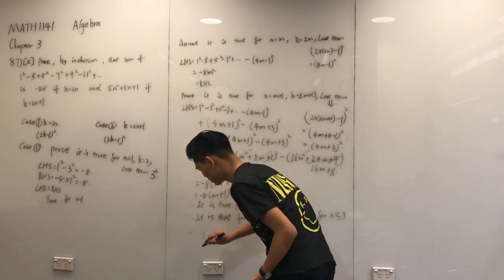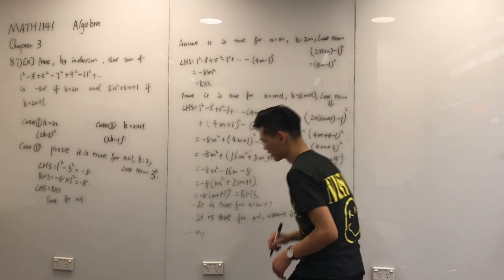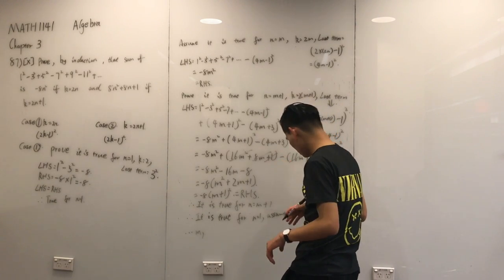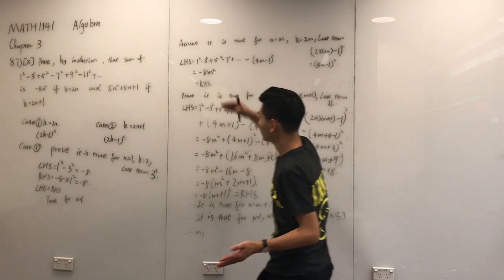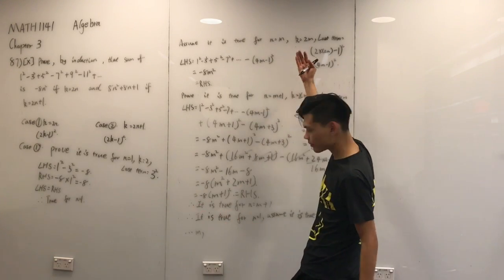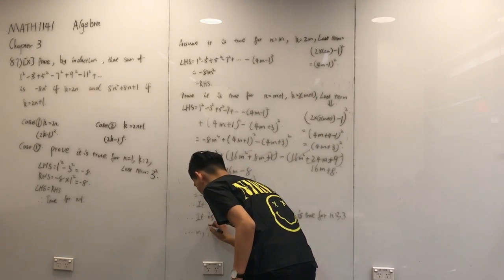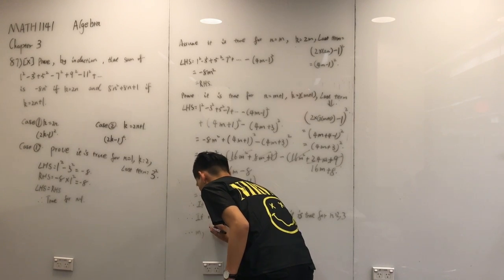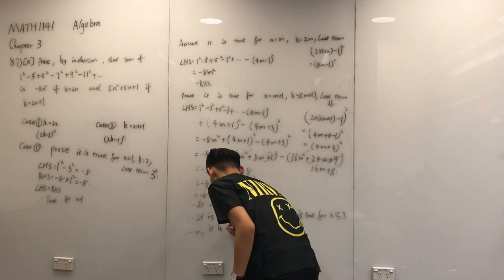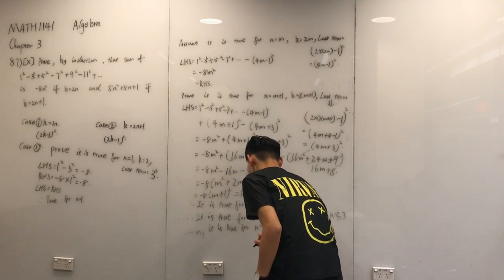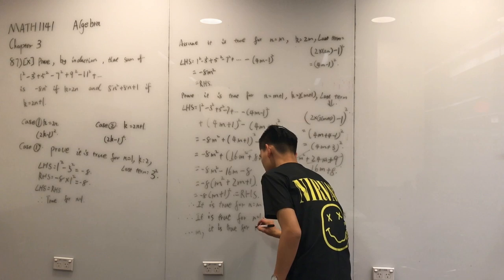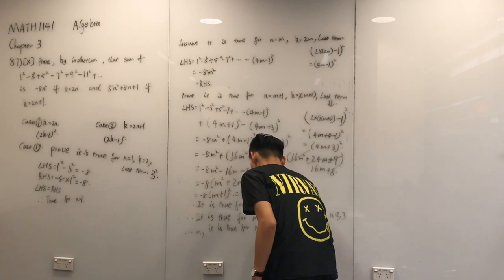Sorry, I just like to write k. So we assume it's true for n equals 2, n equals 3, n equals 4, and until n equals m, and we proved it is true for n equals m plus 1.